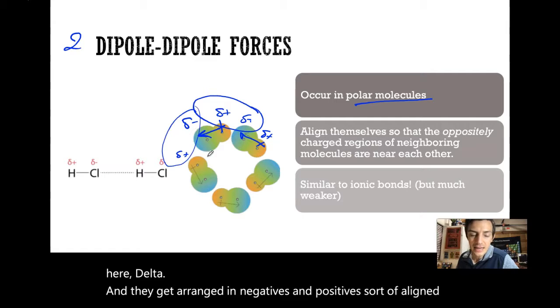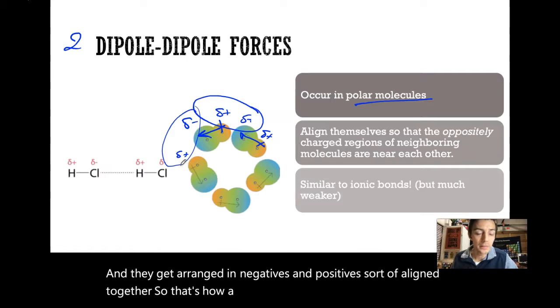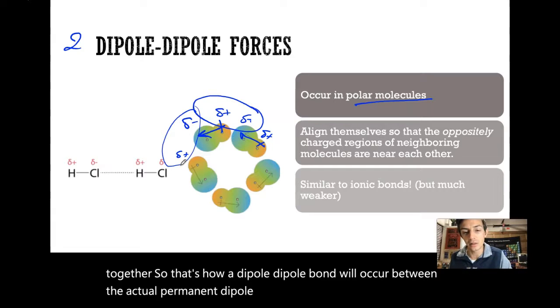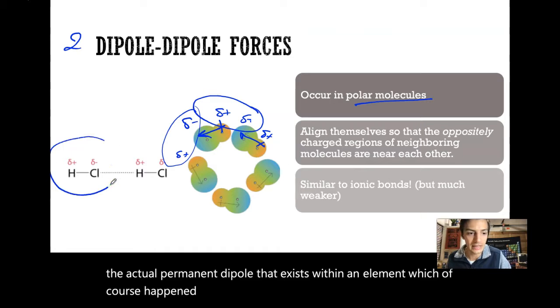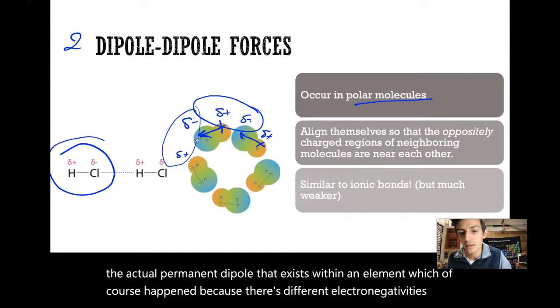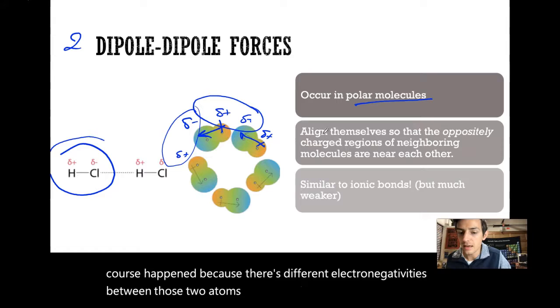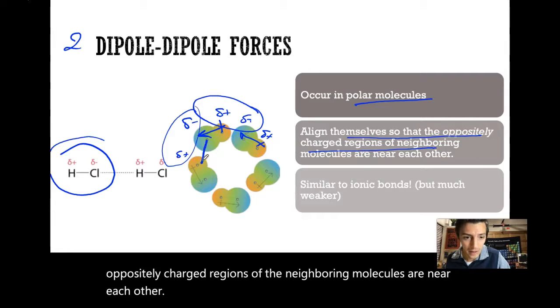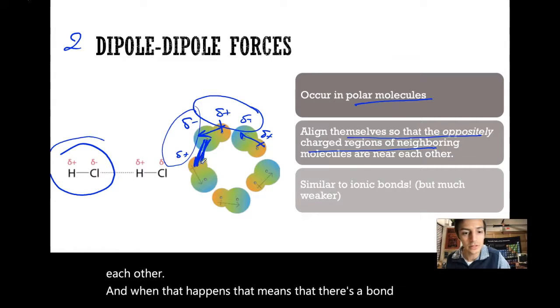So that's how a dipole-dipole bond will occur between the permanent dipole that exists within a molecule, which of course happens because there are different electronegativities between those two atoms. They align themselves so that the oppositely charged regions of neighboring molecules are near each other. And when that happens, there's a bond literally between those two.